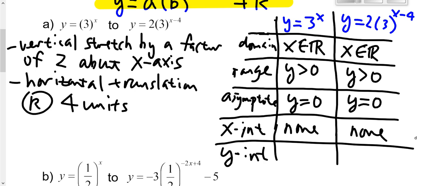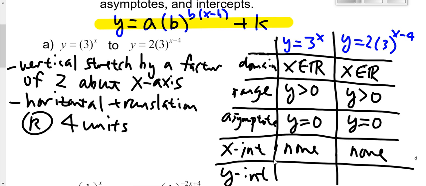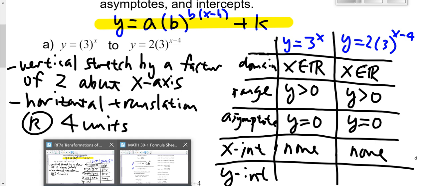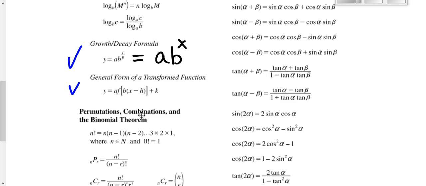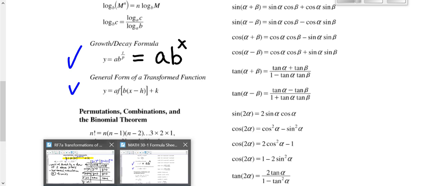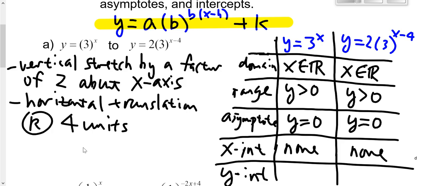So if you look at this, I hope you still remember this from last time, or simply look at the formula sheet. This one here, a b to the x. I'll just write it down here. y equals a b to the x.